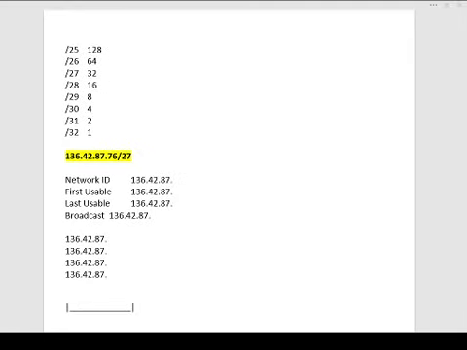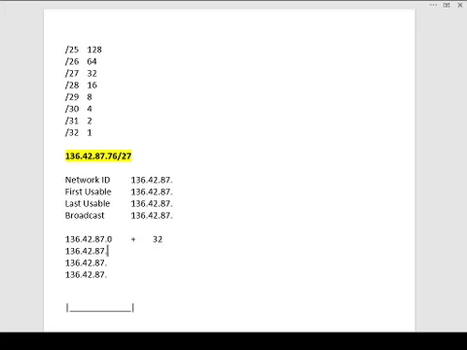Okay, our next problem, we're going to deal with the IP address of 136.42.87.76 with a /27. Go up to your chart, look at this, it gives you 32 IP addresses. That's the number we're going to go up by. So let's start out like we always do with .0 and add 32.